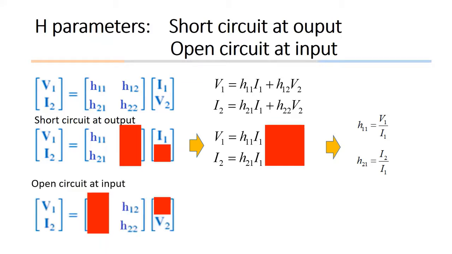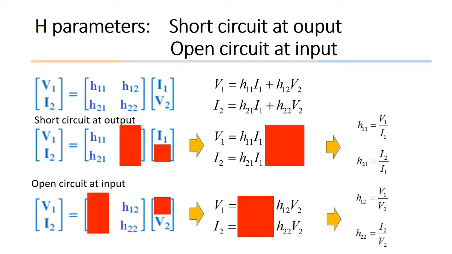To solve for the second column of the H parameter, we let I1 equal to 0, meaning that we do an open circuit test, so that you can solve for the values of H12 and H22.